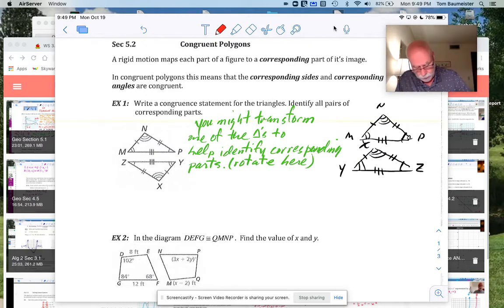So our congruent statement is, if I follow here, now look at what I did.